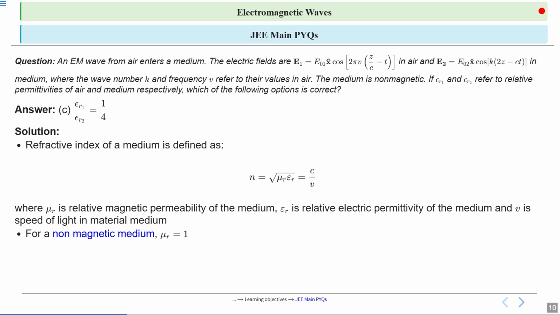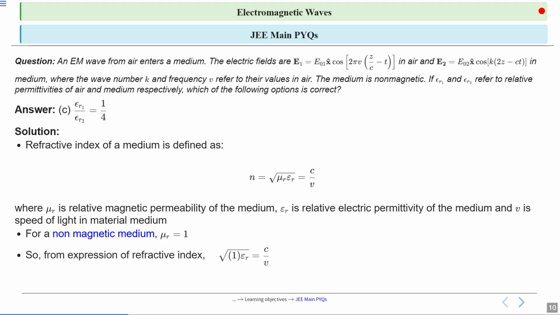If the medium is non-magnetic, that means mu r will be equal to 1. If the material is diamagnetic, then it is slightly less than 1. If the material is paramagnetic, it is slightly greater than 1. And if the material is ferromagnetic, then relative permeability is much greater than 1. For non-magnetic medium, mu r will be equal to 1.